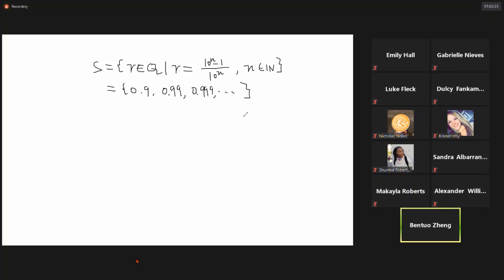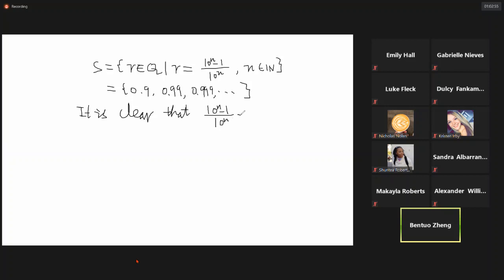So to prove S has an upper bound, this is clear. If you take any number in S, this is (10^n minus 1) over 10^n.